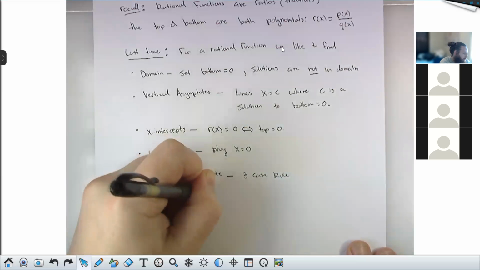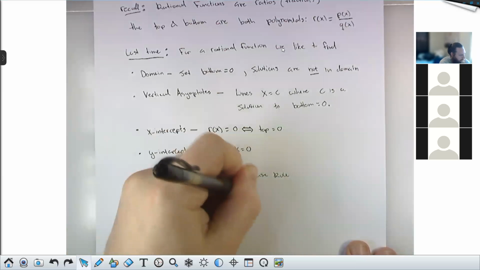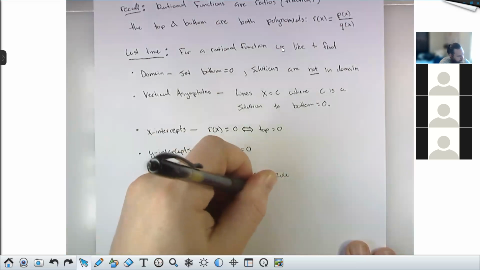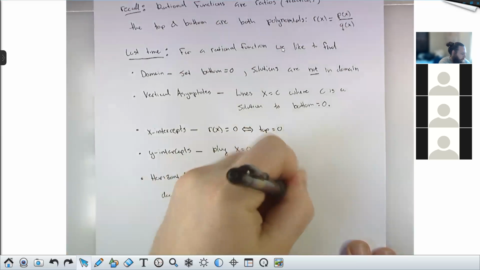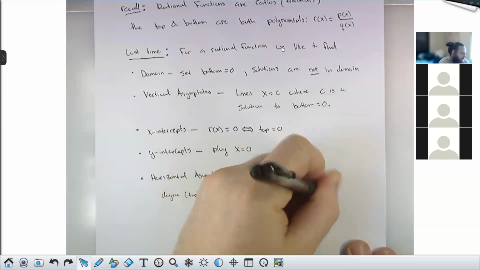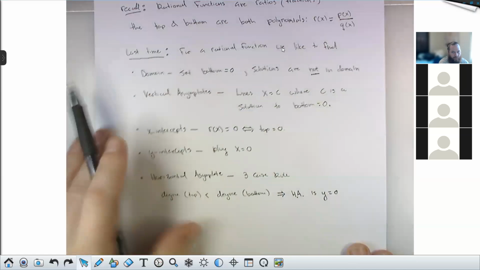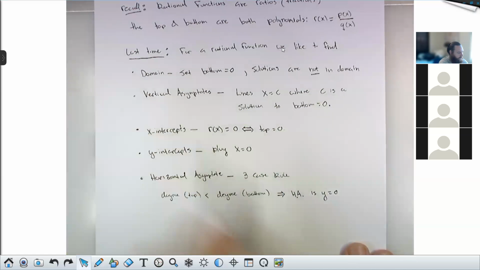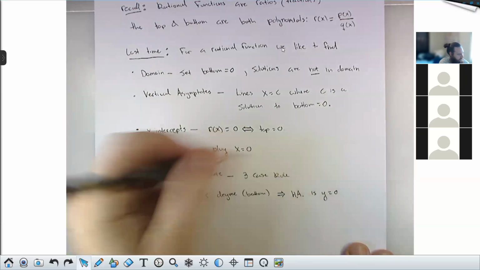If the degree of the top is less than the degree of the bottom, then the horizontal asymptote, which I'm just going to abbreviate as HA, is the line y equals 0. Just like vertical asymptotes are x equals a constant, because they're vertical lines, horizontal asymptotes will always be y equals a constant, because they are horizontal lines.